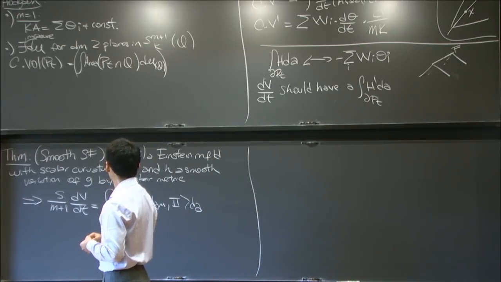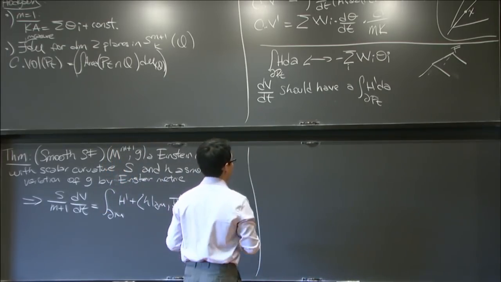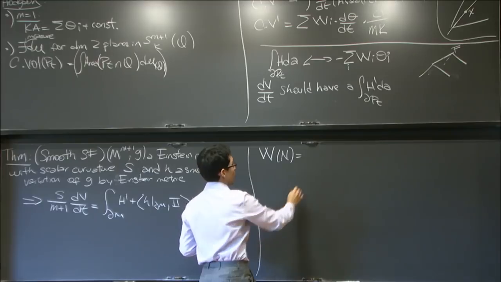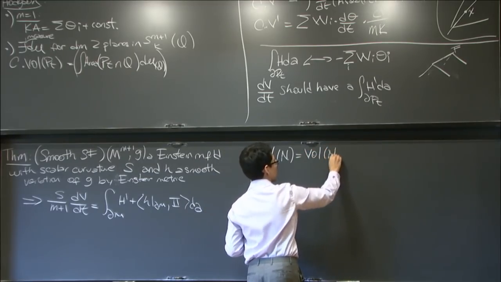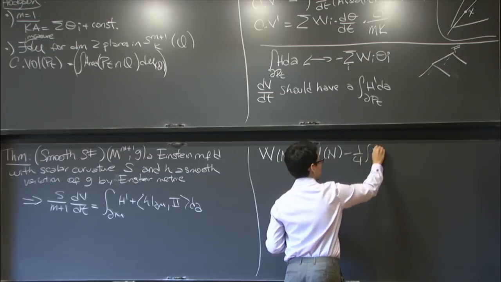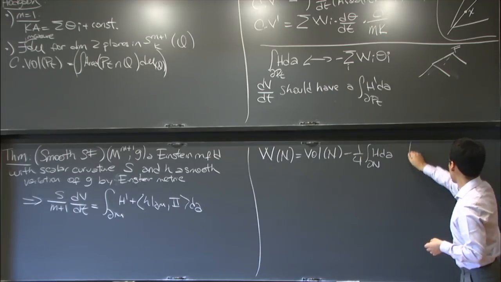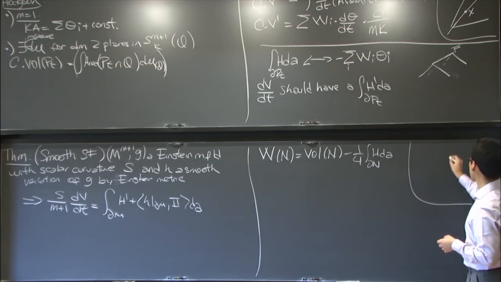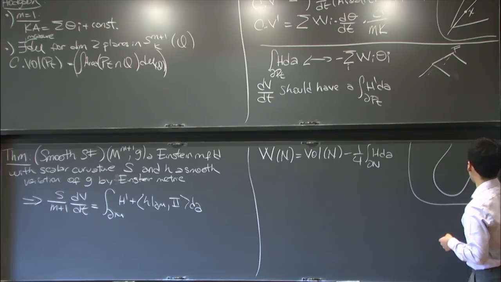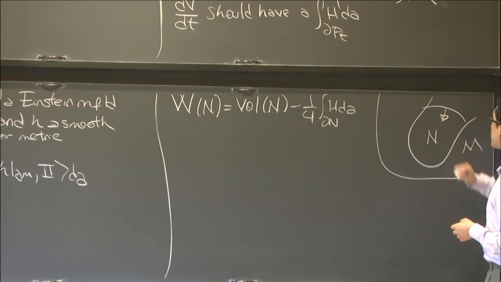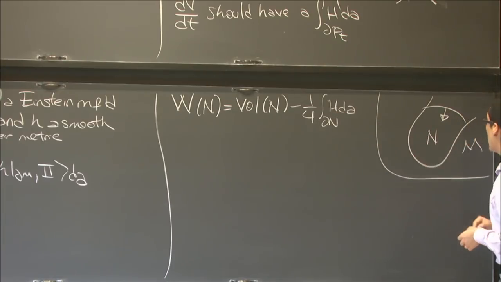So now that we understand how volume behaves, I'm going to spoil a little bit and tell you ahead one of the correction terms, and then analyze it here. The picture you should imagine, back in the hyperbolic three-dimensional case, is that we have M with an infinite end, and N here is a convex domain. We're measuring the mean curvature with the normal vector pointing inwards.